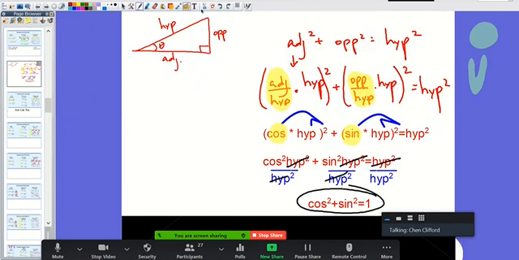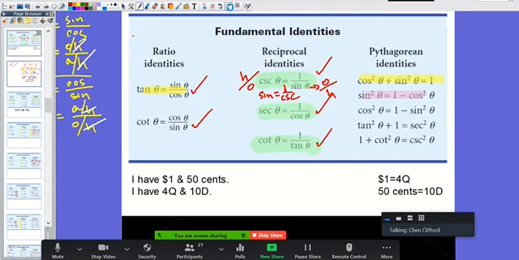Now, to get this pink highlight, what they did is subtract sine squared from both sides. And you get cosine squared equals 1 minus sine squared. So that's the pink highlight right there.